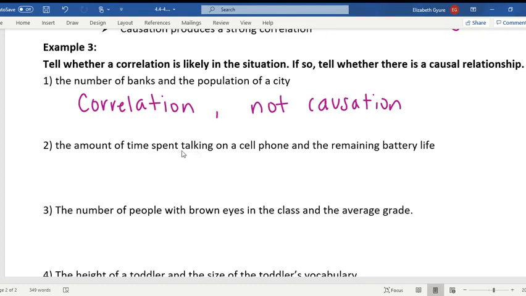The amount of time spent talking on a cell phone and the remaining battery life, does that have a relationship? Absolutely. So this definitely has correlation. Does this also have causation? Does one cause the other? Absolutely, because doesn't talking on your phone drain the battery? That literally causes it, right? So this is correlation and causation.